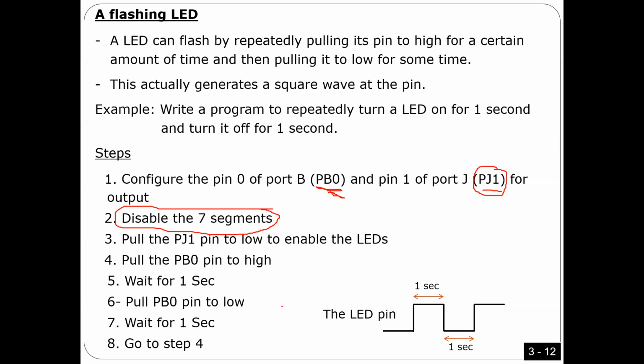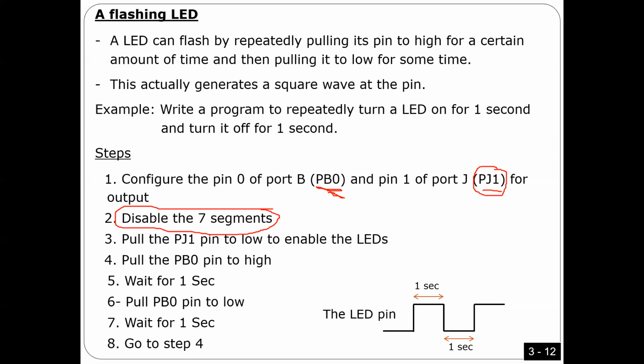So if you want to use LEDs, you have to disable the 7 segment, and the way to disable them is very simple. For PB0, PB1, PB2, PB3, I'm going to put 1, 1, 1, 1, logic 1. Logic 1 means 5 volt, to disable them.